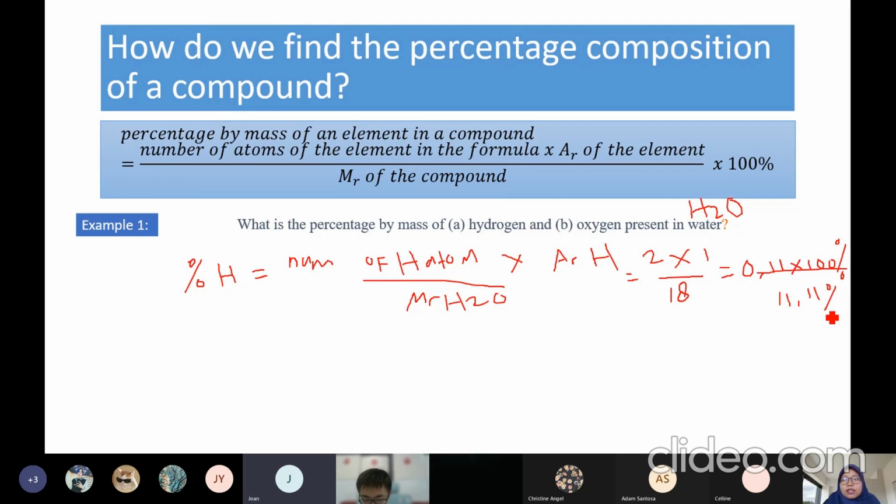Is it correct or not? Yes. Good. And how about percent composition of oxygen?